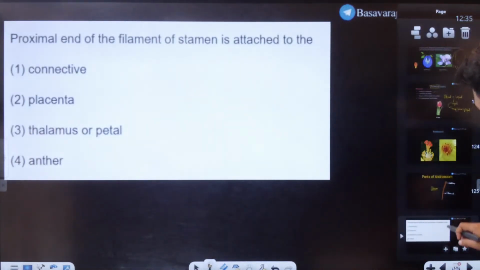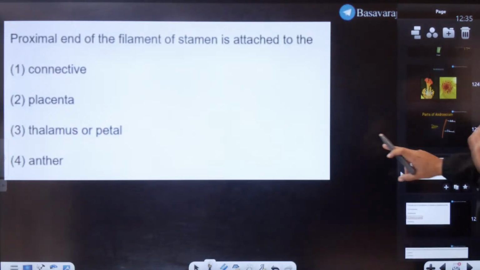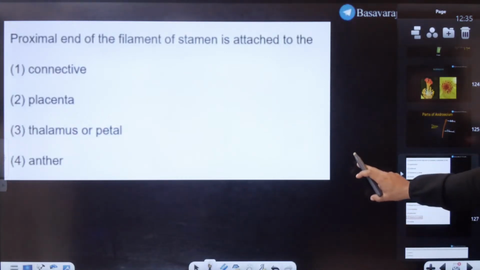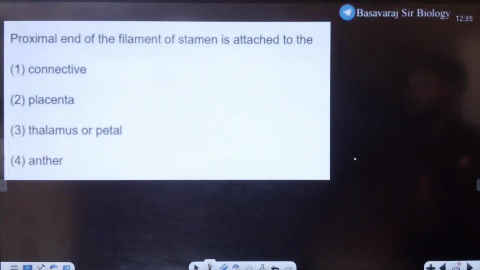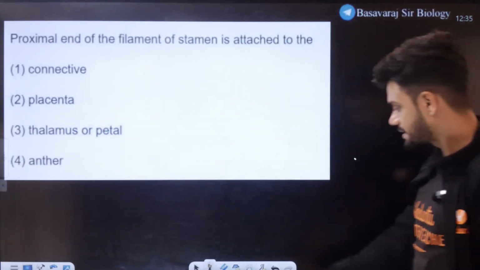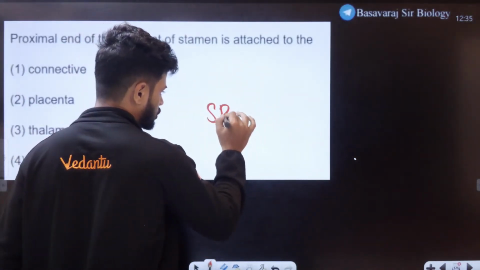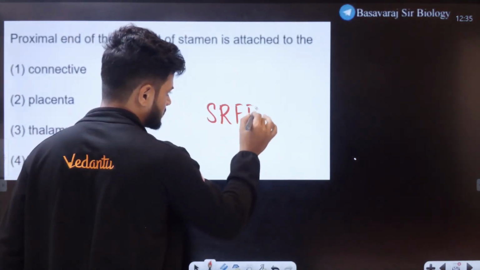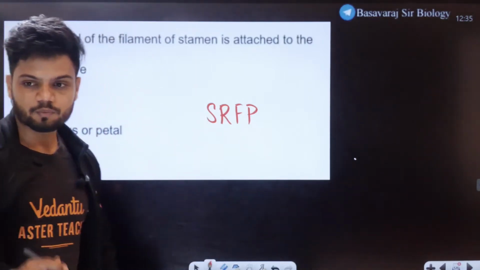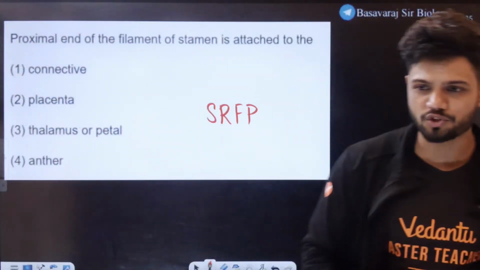Can anyone tell me the answer to this question? What is the proximal end of the filament of the stamen attached to? This question is actually from your sexual reproduction in flowering plants, SRFP.